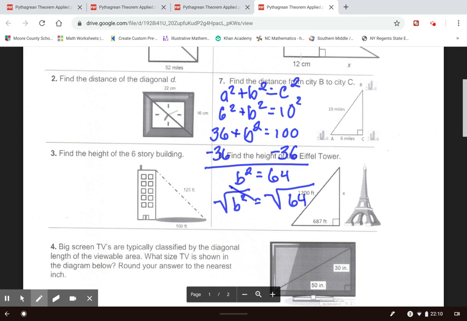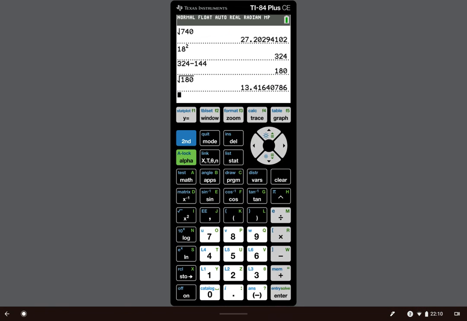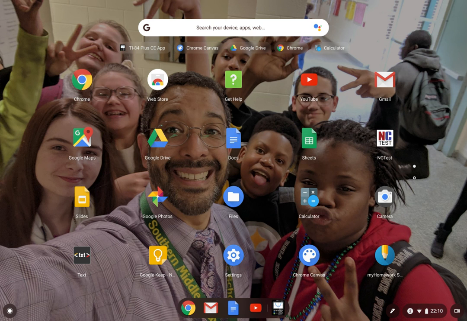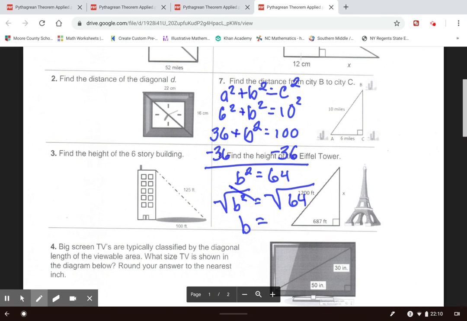And those cancel out, so that leaves me with b equals the square root of 64, which I know is 8, but we'll go ahead and do it on our calculator anyway. So b equals 8.